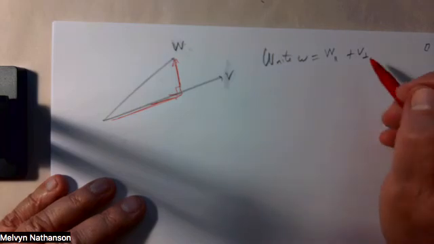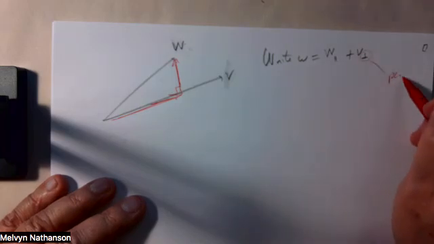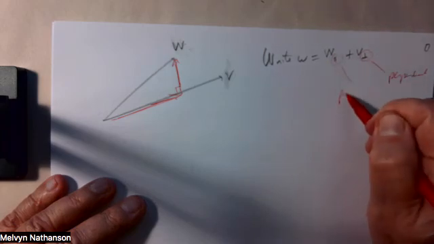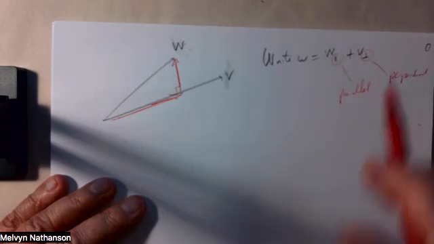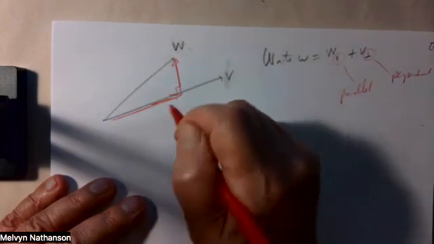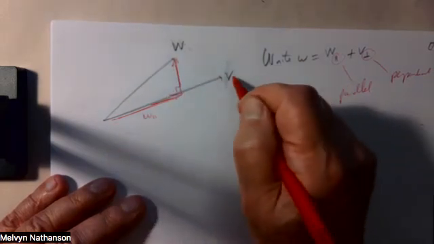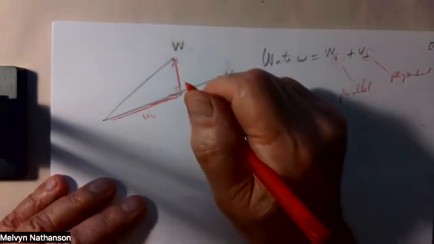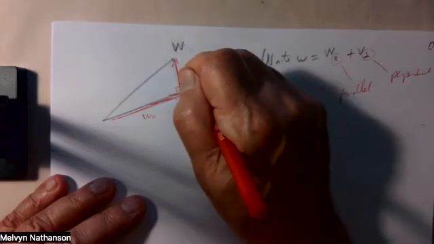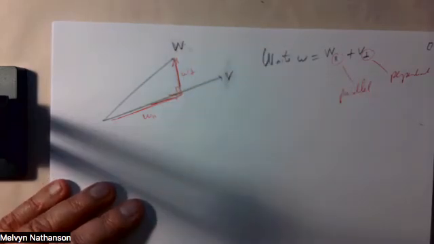This is the symbol for perpendicular. This is the symbol for parallel. So I'm going to have a piece parallel to v and a piece perpendicular to v.